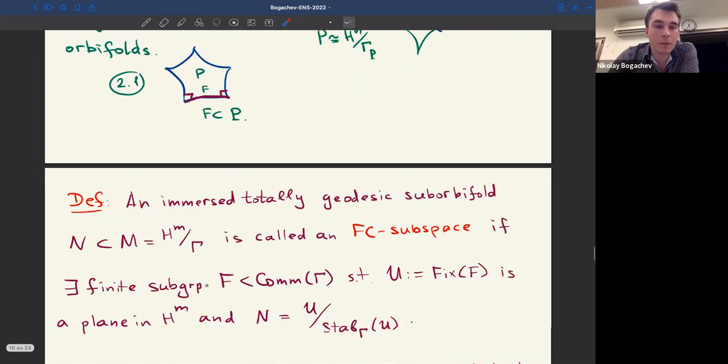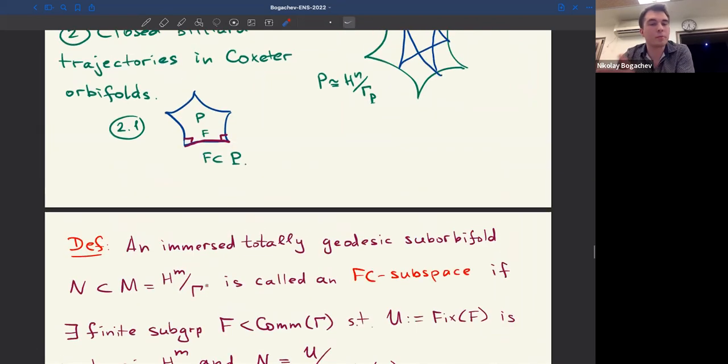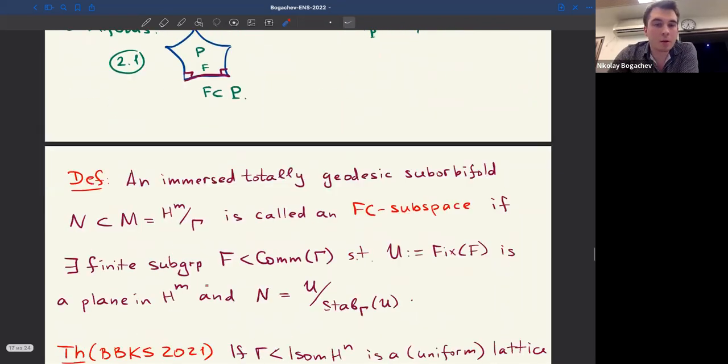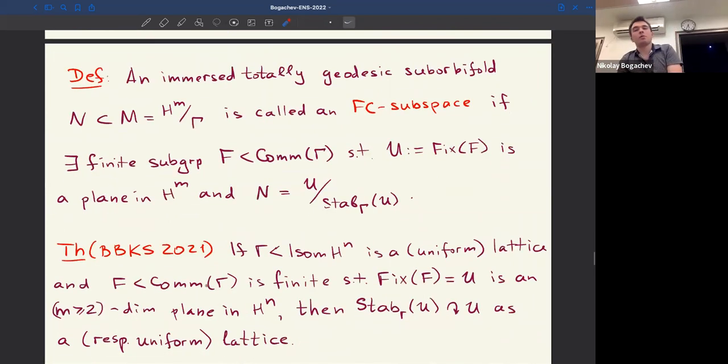So we study these objects. Then I want to introduce the main notion of this paper.